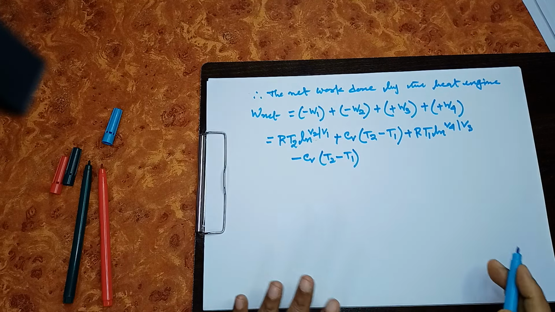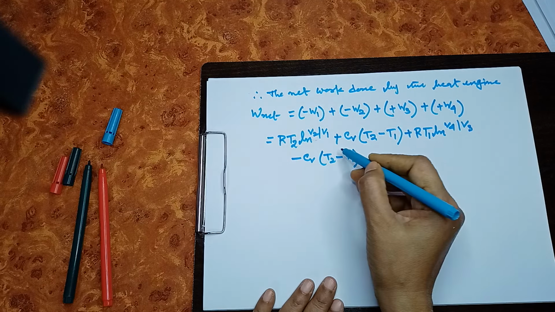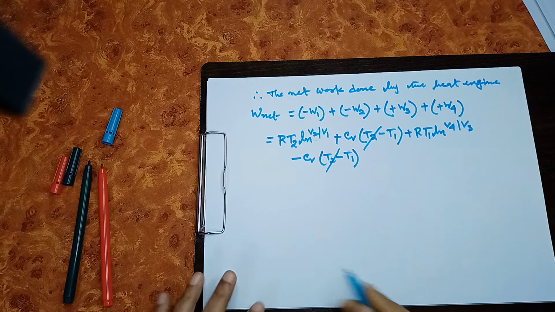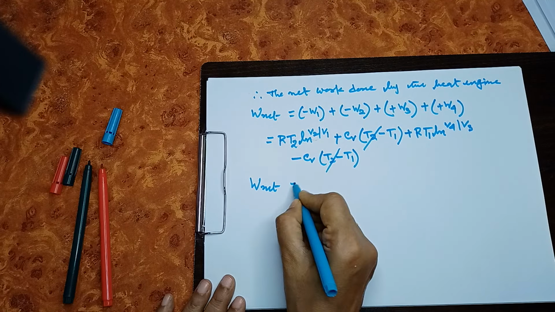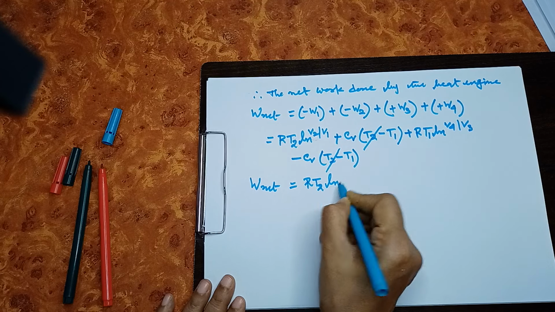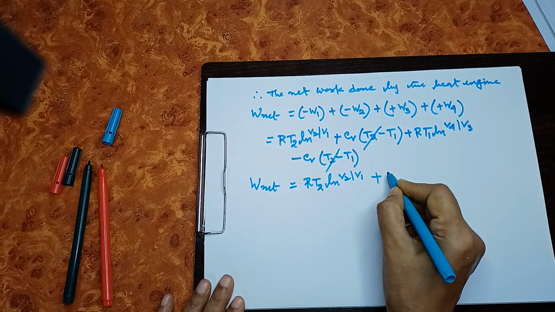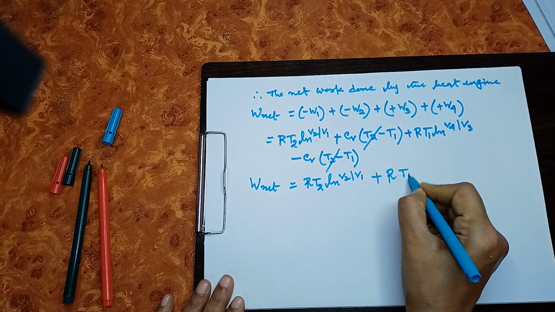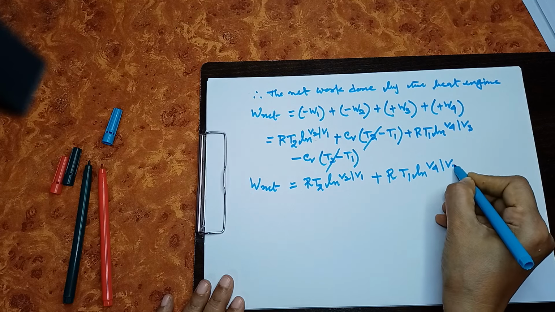Already you have derived all this work done in all the 4 steps. So this and this will get cancelled. So W net will now be equal to R T2 ln V2 by V1 plus R T1 ln V4 by V3.